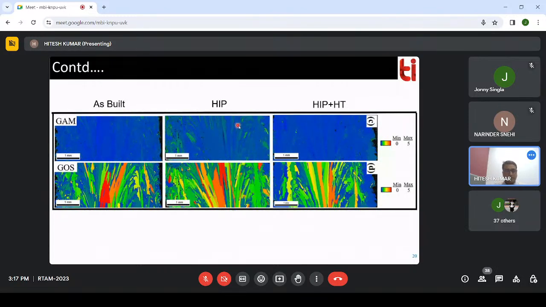This again proved that after thermomechanical deformation there are residual strains or residual stresses present inside the material, which are easily removed with the help of heat treatment at a higher temperature. Again, the grain orientation spread talks about how your grain is oriented in different directions.